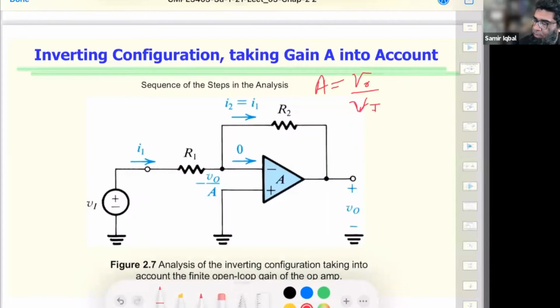Again, many times Vi and V1 would be written like this, so make sure these are two different things, right? Vi is what you find here, V1 is what you find here. Vi is what is coming from the signal. So please, if I mess up, let me know, and be careful when you're doing this to make sure we are using the right voltage in the calculation or analysis.